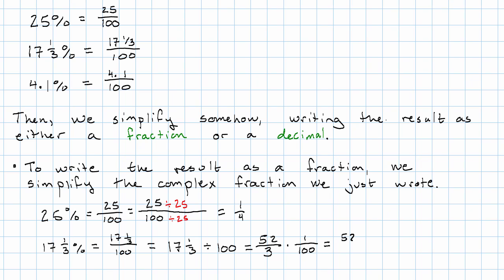So 52 3/100ths. And now I see that 4 is a common factor of my numerator and denominator. So my simplified fraction is 13/75ths.